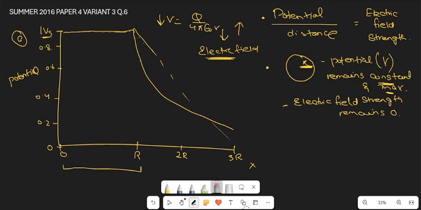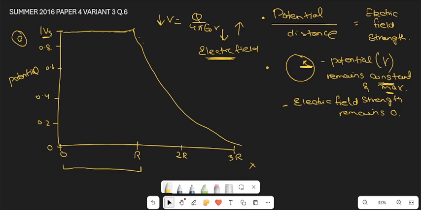So the gradient has to be decreasing gradually, and then it reaches, so you have to form a rough curve and then you just draw it like this. It should not be touching 0, because electric field strength doesn't get to 0. And I hope that made sense.